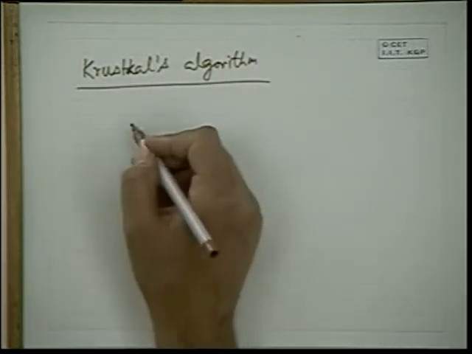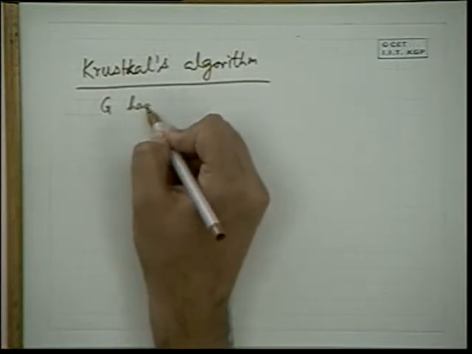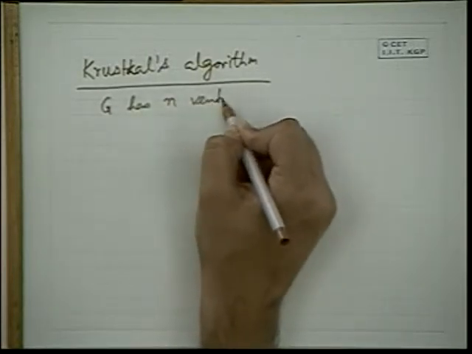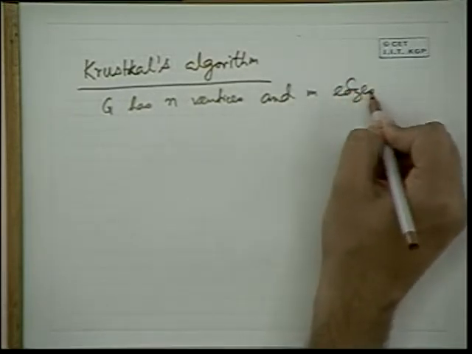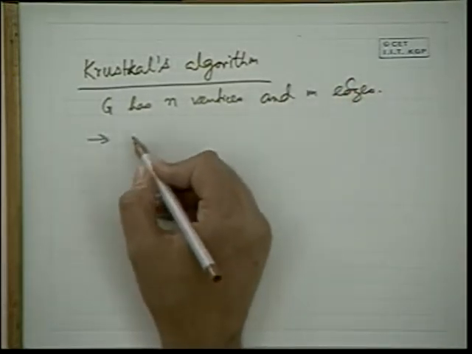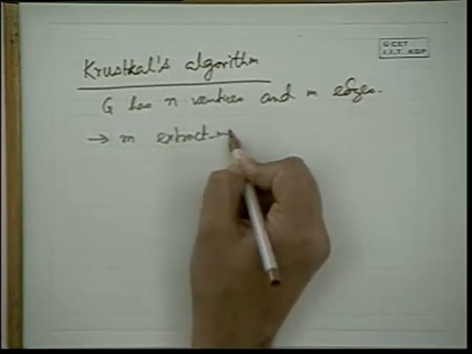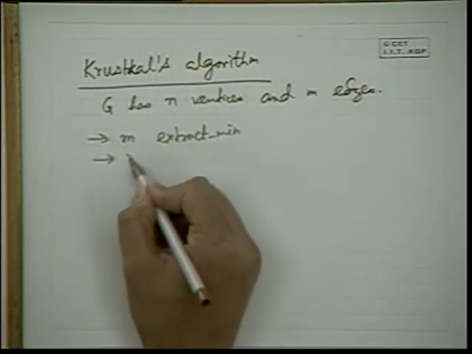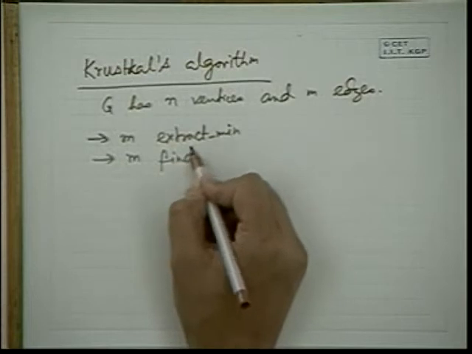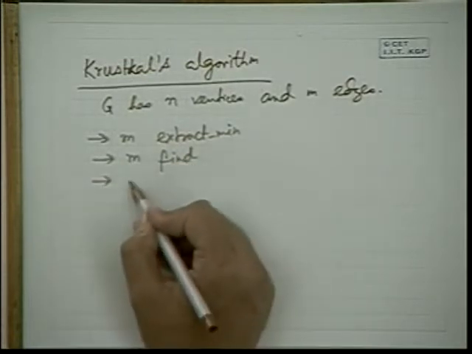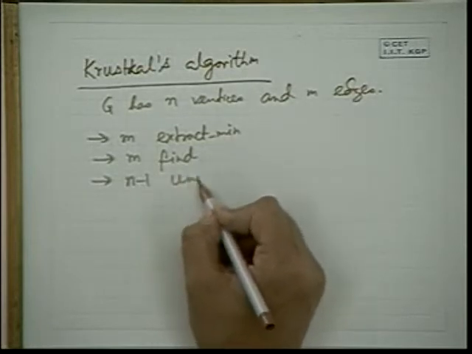If you remember, suppose G has n vertices and m edges, then Kruskal's algorithm had m extract min operations, then it had m find operations, right? Then it had at most n minus 1 union operations.